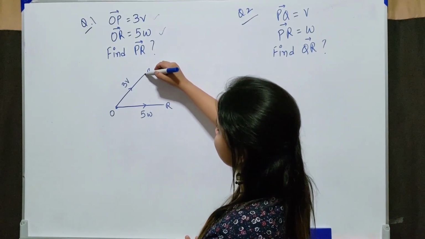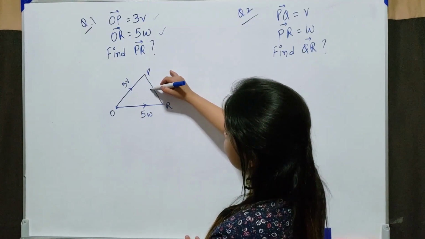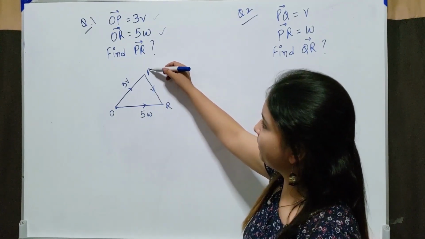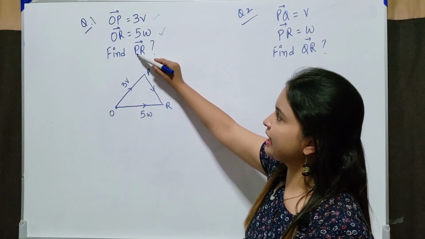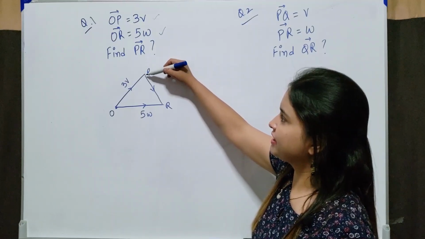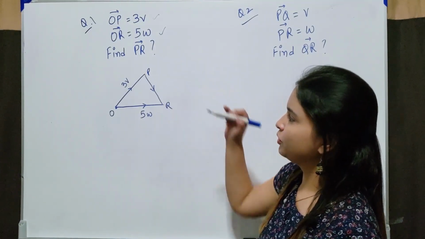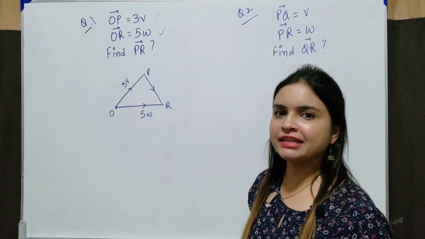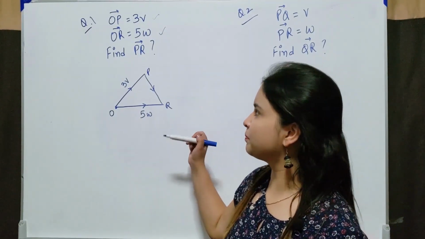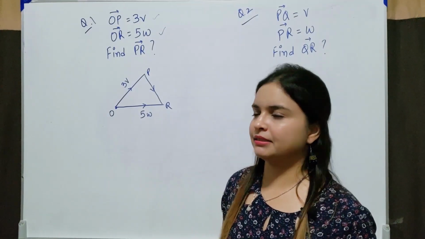So first join PR, and the direction should be from P to R because I have to find PR. That means the starting point is P. Now find the value of PR. If you have seen my previous video, I have already explained how to use the triangle method.